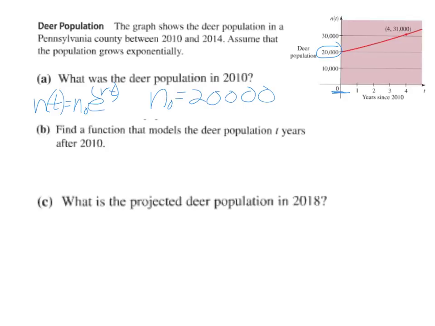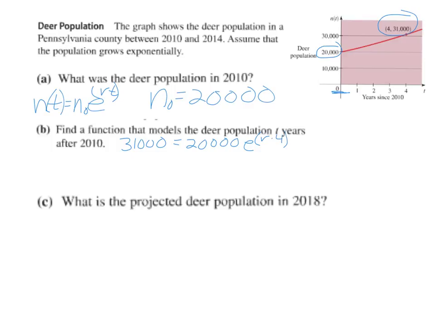Part B, find a function that models the deer population t years after 2010. Well, we don't have a rate, and we're going to have to figure out a rate. But we know after 4 years, the population was 31,000, because that's a point that they've marked on the graph. So I can fill in the formula with that information. I've got 31,000 is the initial 20,000, e to the power of r times 4, since at 31,000, 4 years had passed.